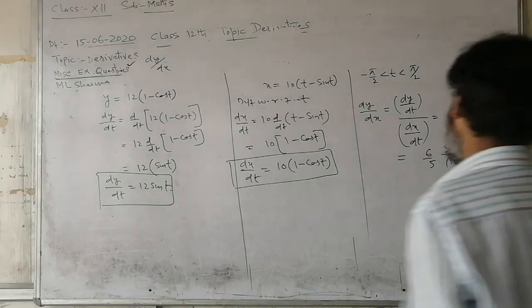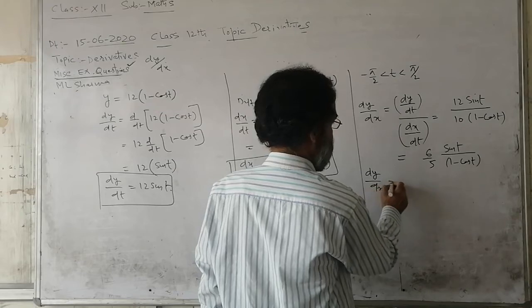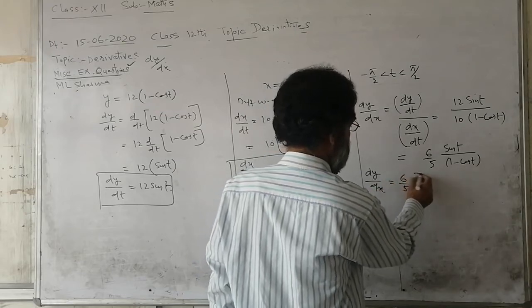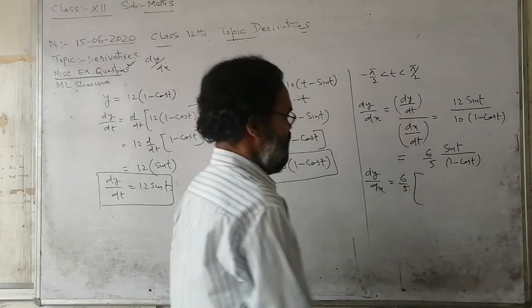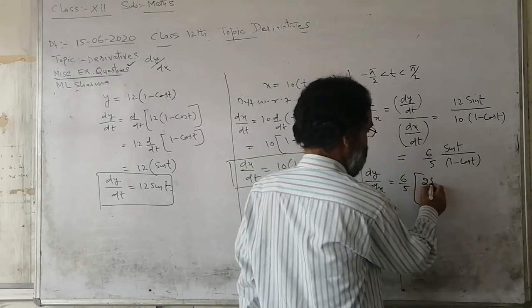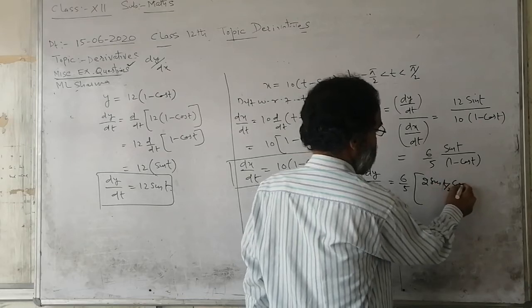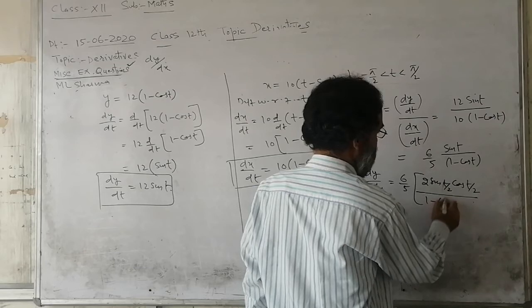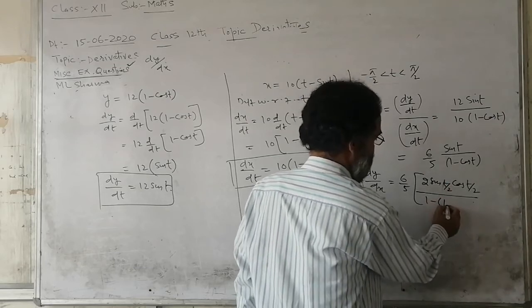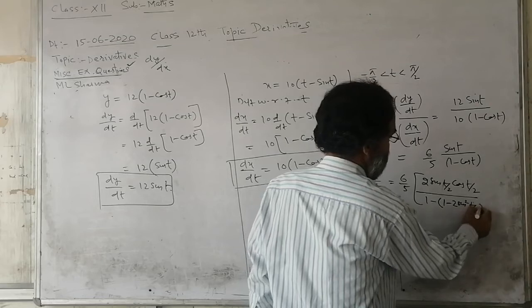So this can further be written as: sin t can be written as 2 sin of t by 2 cos t by 2, and for cos t, the formula is 1 minus cos t equals 2 sin square t by 2.